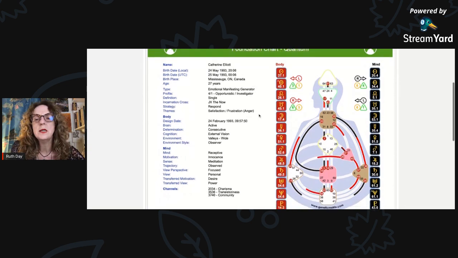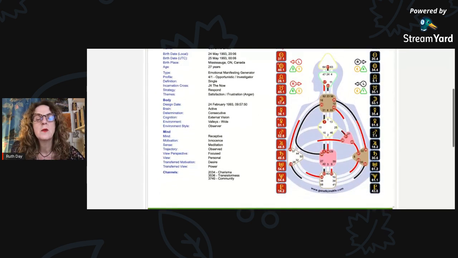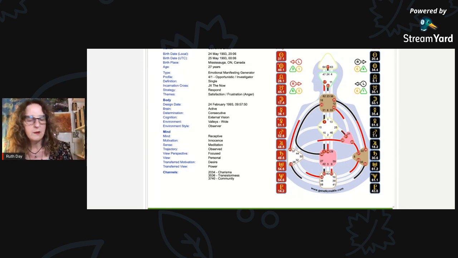Okay, so this is a manifesting generator. What's important in this description is a generator. And I know a lot of you are manifesting generators. What makes someone a manifesting generator is they have the sacral center lit up. And this one is lit up by being connected directly to the throat. But they also have the throat connected to a motor.